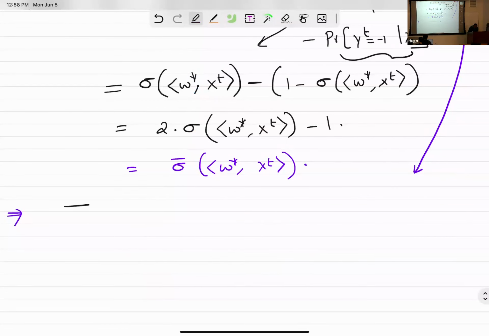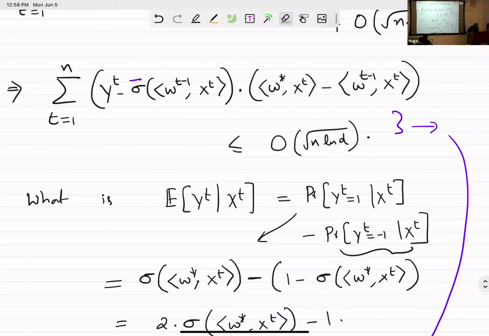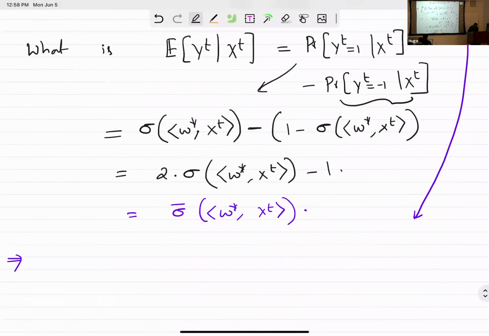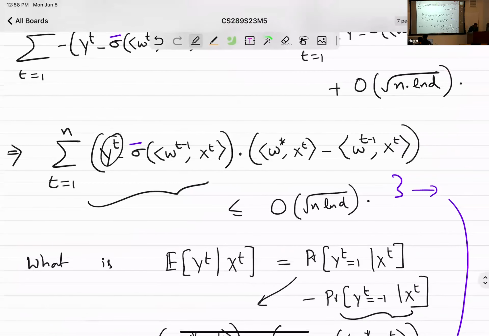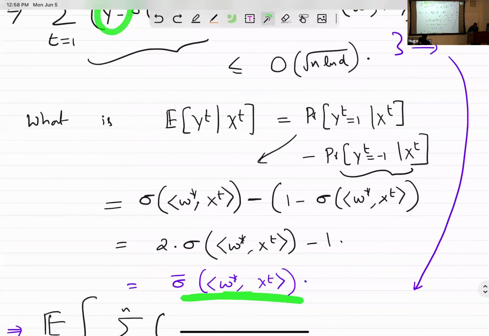The bound that we have is, if I take the expectation over the data set, over n days, the expectation of y_t is given by this formula.